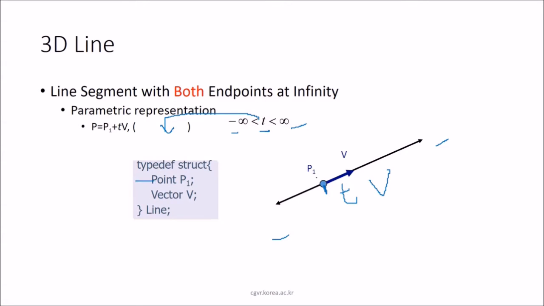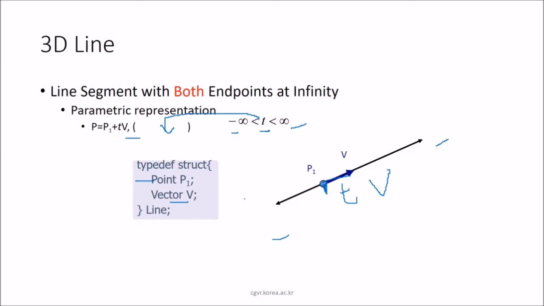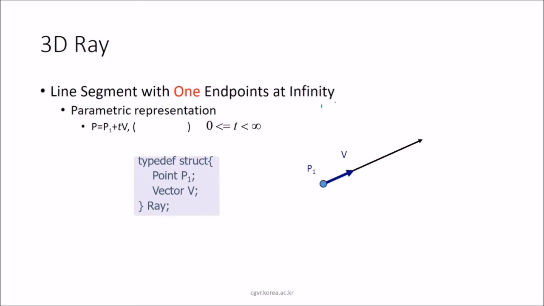This is the point P1, with x, y, z coordinates, and then the vector v. This is the vector v, and it has a magnitude and a direction also. So you have this point P1 and also the vector v. This will be your line. So a line with both ends at infinity is represented by starting point P and vector v.